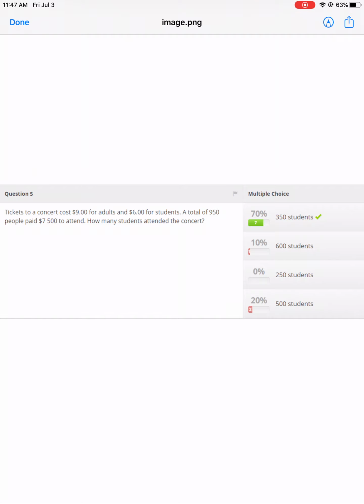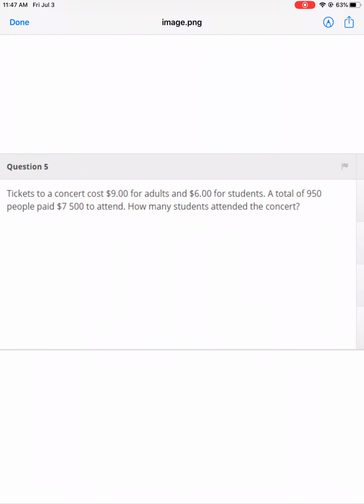Okay, so for this one, we're going to have to set up two different equations. Now, it's going to look slightly different. Tickets to a concert cost $9 for adults and $6 for students.